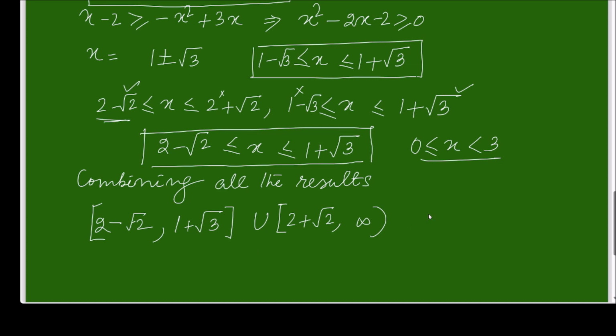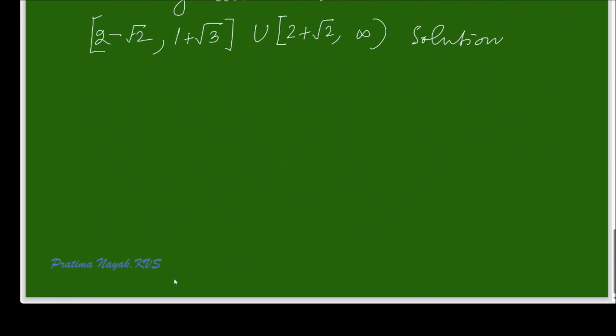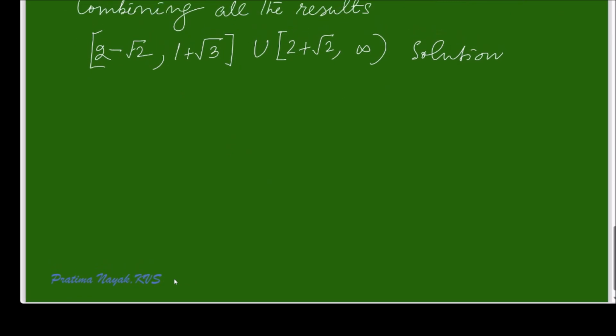So this is the solution of this inequality. I hope you have understood. If you still have any doubt, you can write in the comment section so that I can explain.